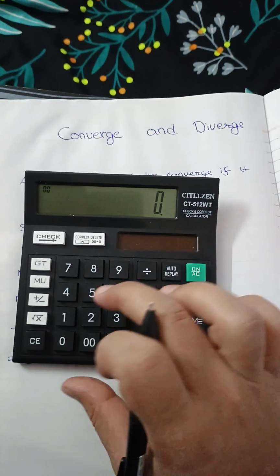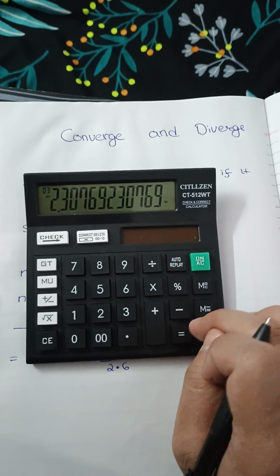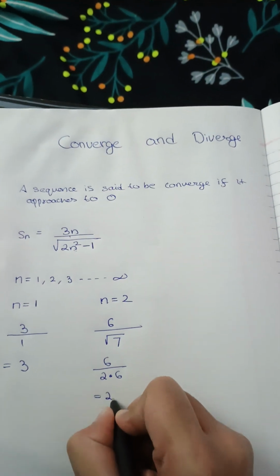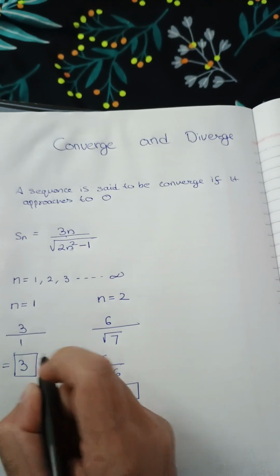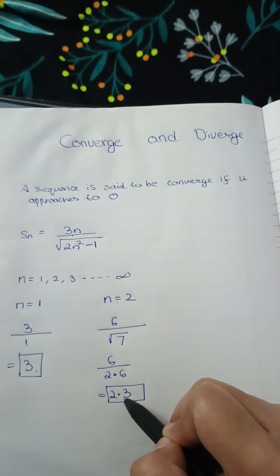Now 6 divided by 2.6, we will get 2.3 something, equals 2.3. So for n equals 1 it is 3, for n equals 2 it is 2.3.